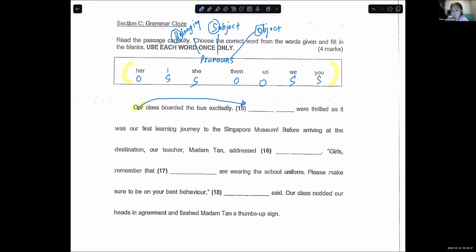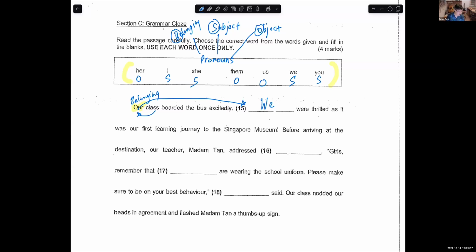We. We were thrilled, right? Because of the word our, right? Our includes me. So we were thrilled. Our in this case is belonging, by the way. This denotes belonging. Whose class? Our class, right? So we were thrilled as it was our first learning journey, okay?